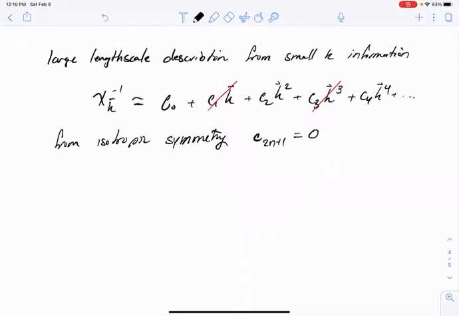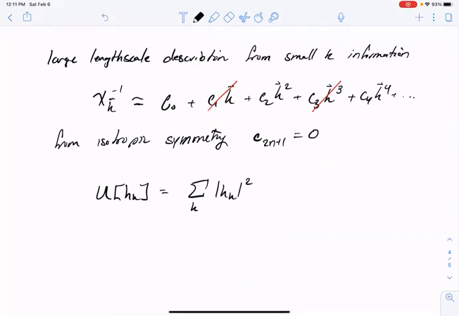That would provide us with an effective Hamiltonian describing the statistics of the Fourier representation of the height field, given by a sum of these modes.